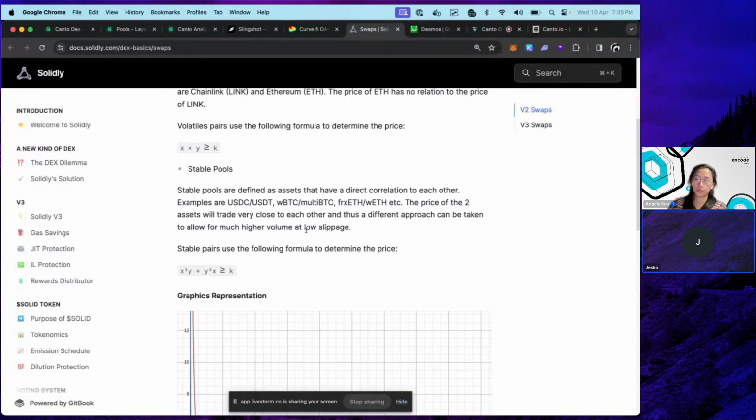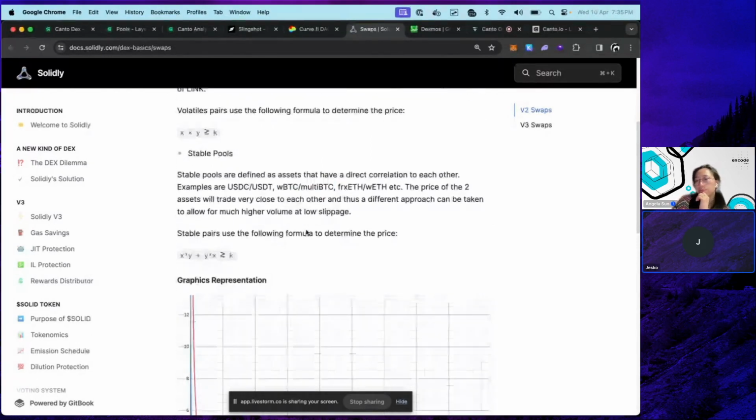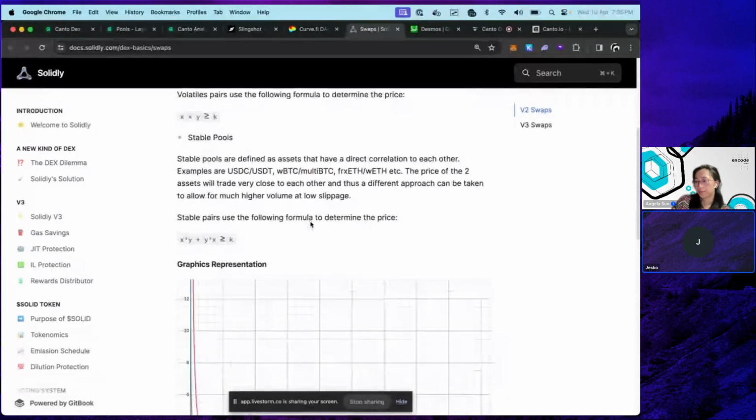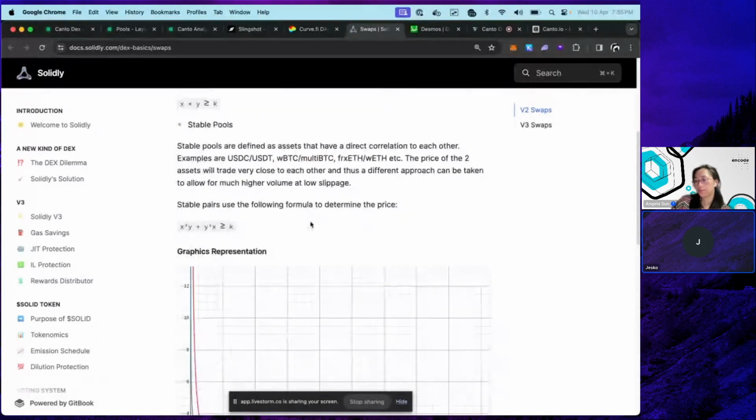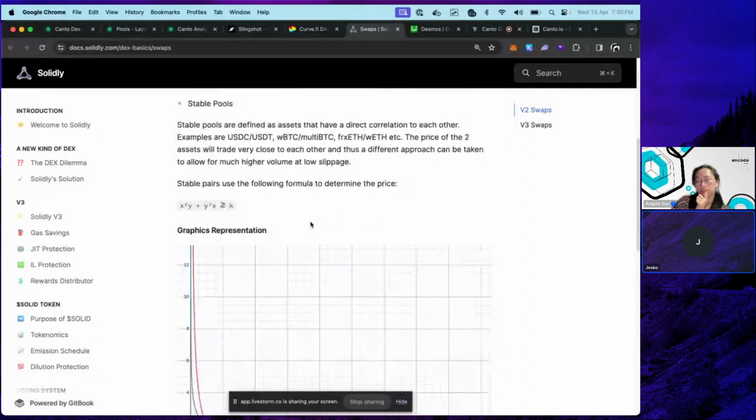And it operates under the assumption that the price of two assets is going to be very close to each other, right? So essentially they came up with a new formula, which is x cube y plus y cube x equals k, compared to xy equals k, because it allows for much higher volume at low slippage, right?